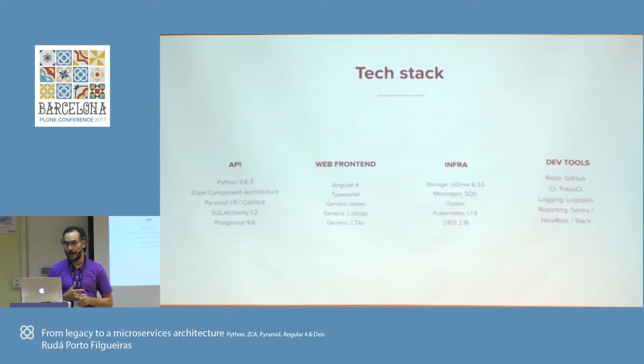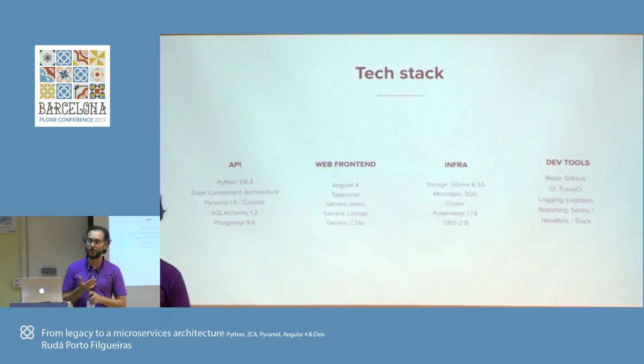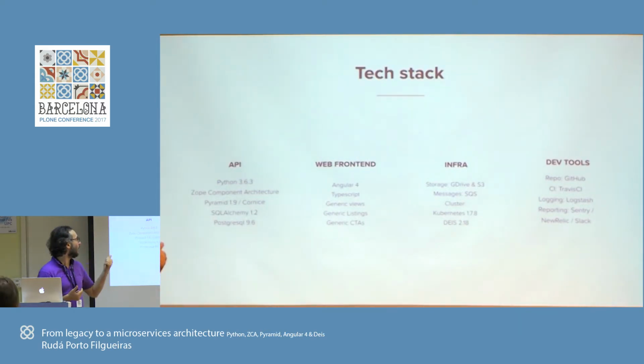For the infrastructure, we started using Google Drive because it was the main storage for the images, and we started to move to S3. For the message system, we use SQS. And the thing that was really important for us, as a small team, to manage the deploy process was to use Kubernetes and the platform service Deis, which is similar to Heroku.